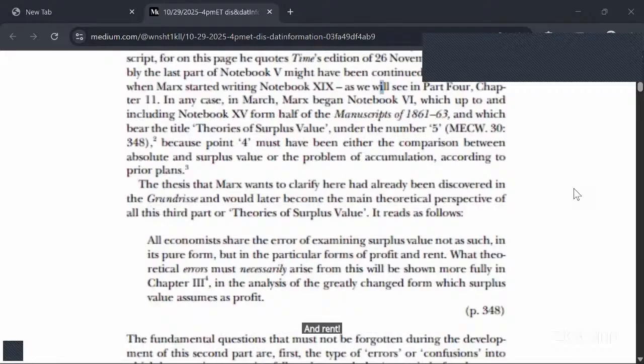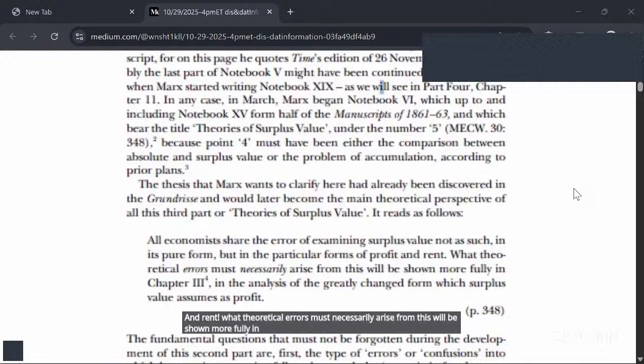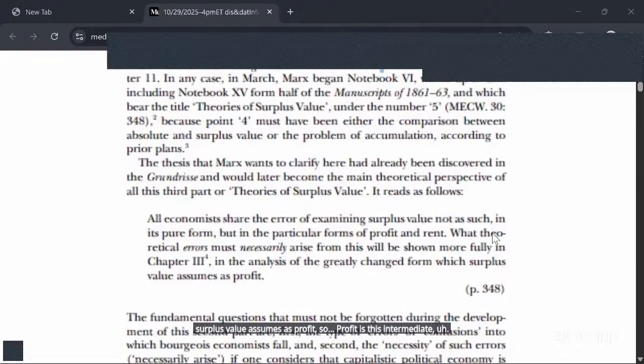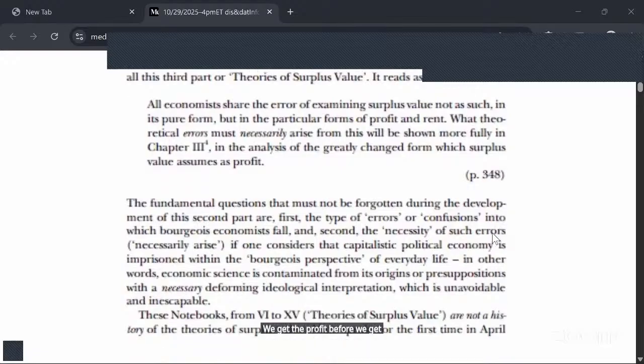What theoretical errors must necessarily arise from this will be shown more fully in chapter 3, footnote 4, in the analysis of the greatly changed forms which surplus value assumes as profit. So profit is this intermediate form; we get to profit before we get to rent, I suppose, if you want to think of it that way.